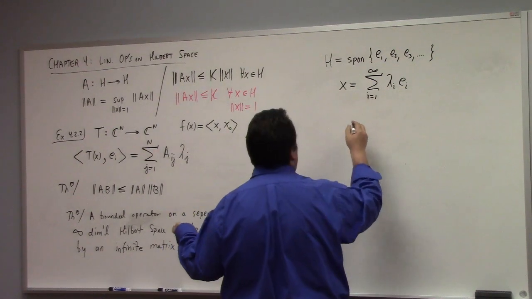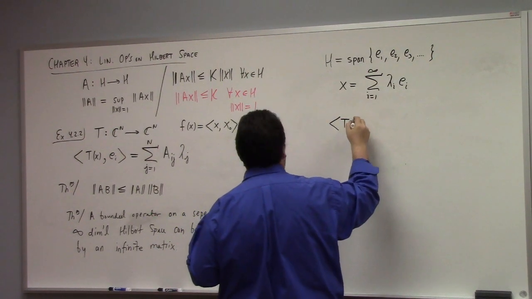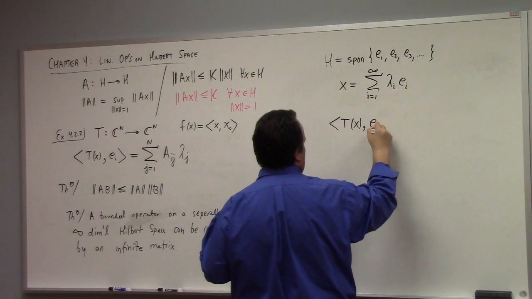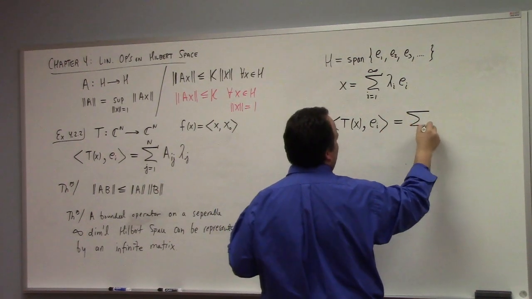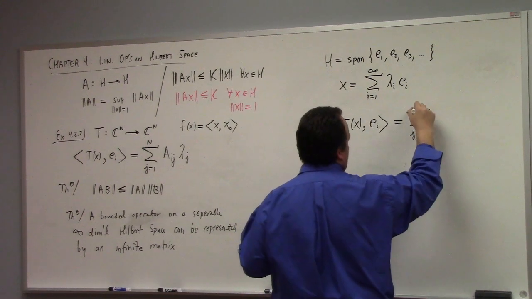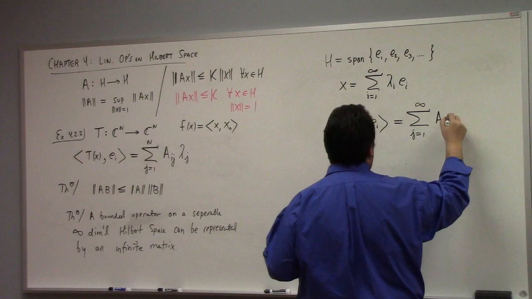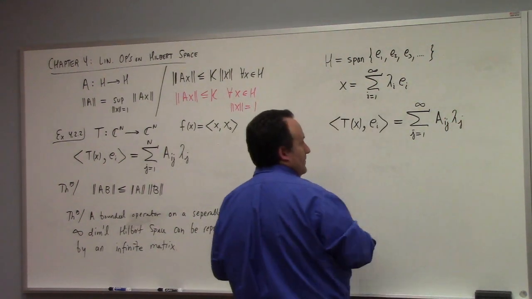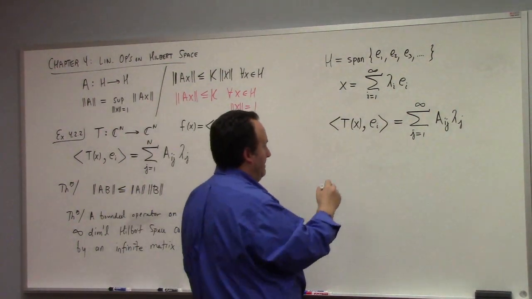So if my bounded operator, I'm going to use T again. Here what it works out to is the inner product of T of x with e i. Guess what it works out to? Well, it works out to exactly this, the sum of j equals 1 to infinity of a i j lambda j. And how did we define a i j?